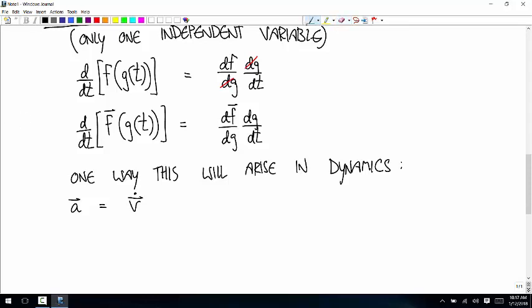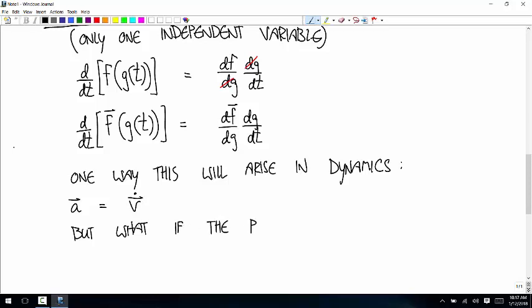But what if, velocity always changes with time, but that doesn't mean that you know what the functional relationship is between velocity and time.